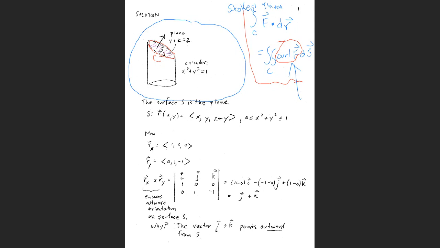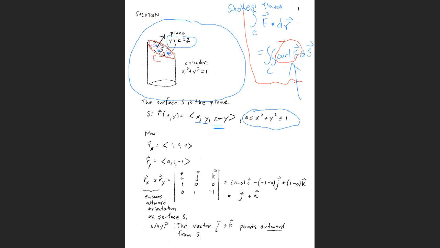So how would we parameterize the plane? Well, y plus z equals 2, so z equals 2 minus y. It has no choice, right? Then x and y are your free parameters, but for any point in this surface, x squared plus y squared would be less than or equal to 1.